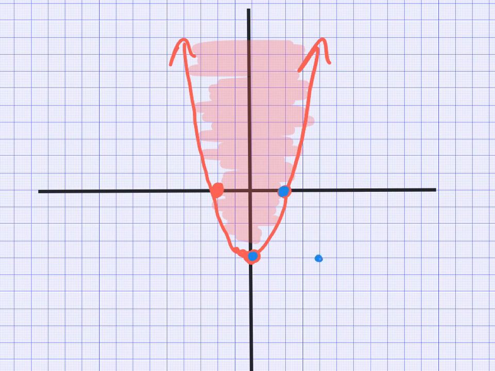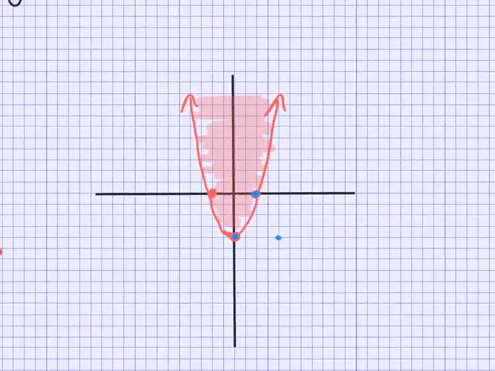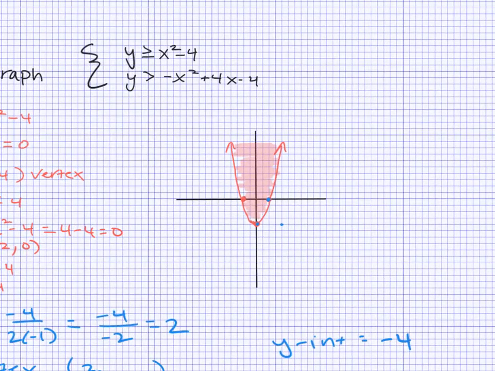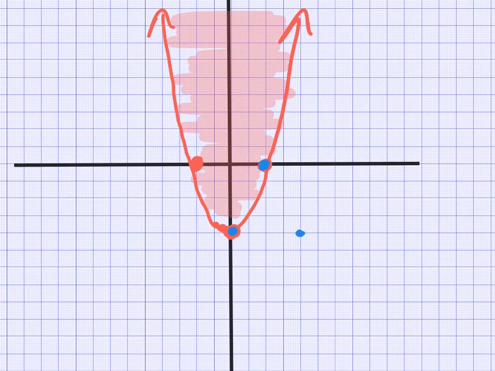And so there it is on the other side of the vertex. And I'm going to decide whether or not to use a solid line. And it looks like, because I have just greater than, I am going to use a dotted line or a dashed line. And so here is my dashed line.